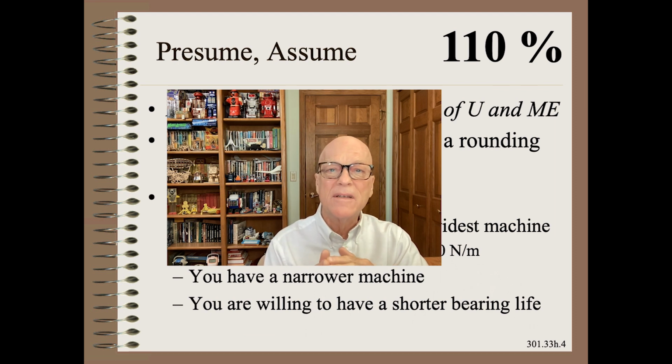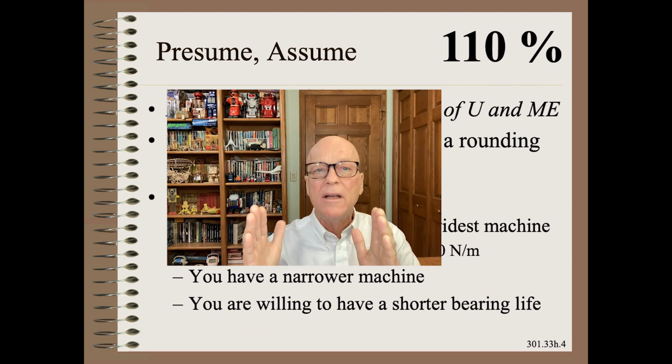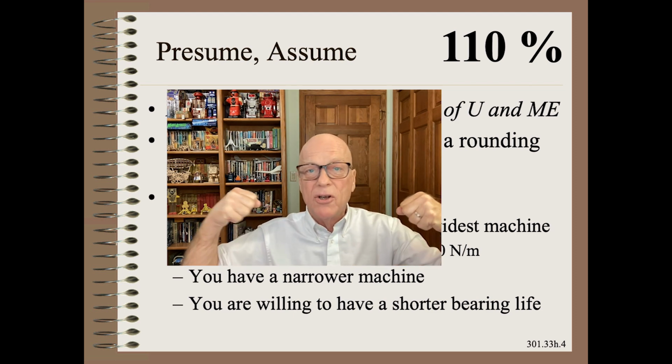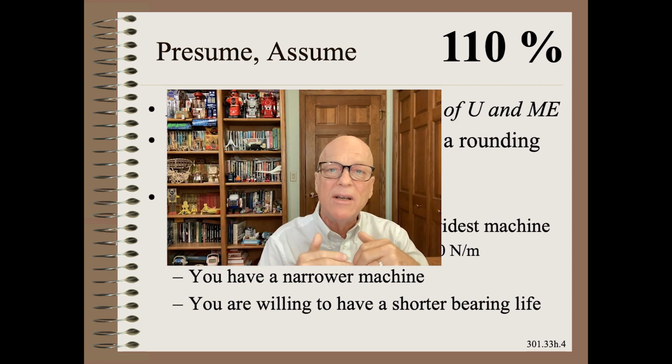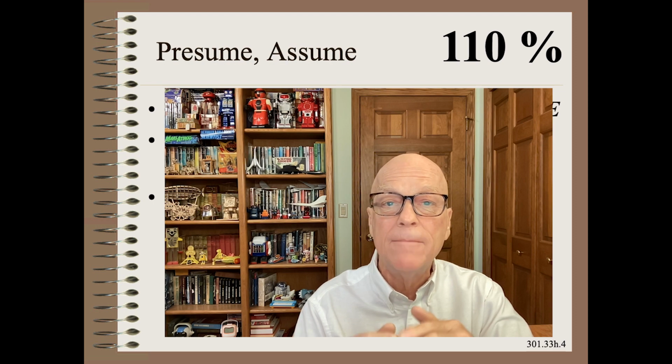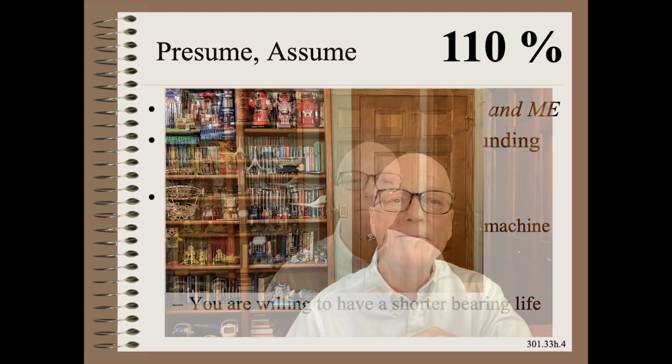Another example is that if you have a narrower machine, you often have a lot of unused capacity because the machine was built for larger forces of the widest machine in that series. You could use that extra capacity if you knew it existed.